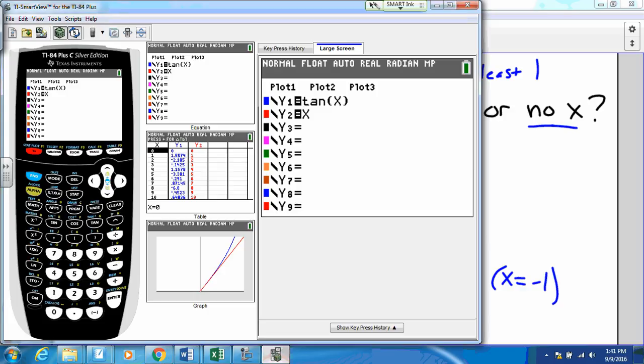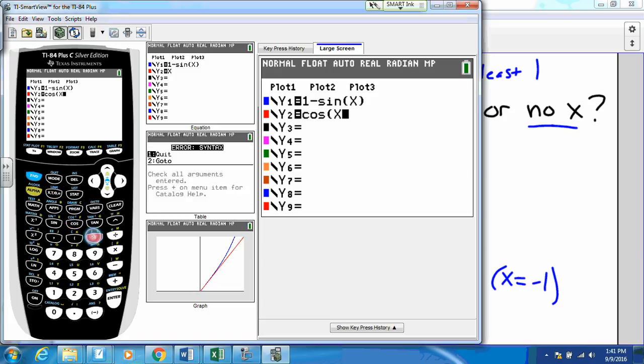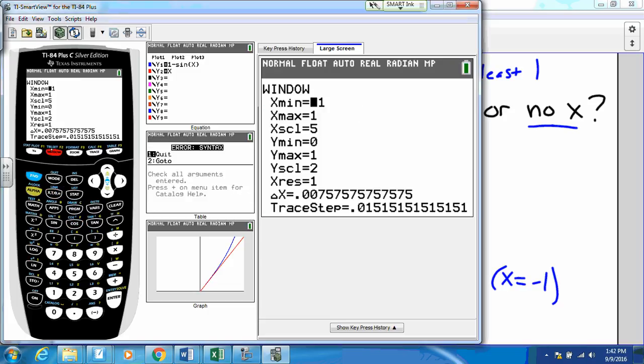What should I set for my window size? Pi over 2. What should I set for my window? x minus 1?